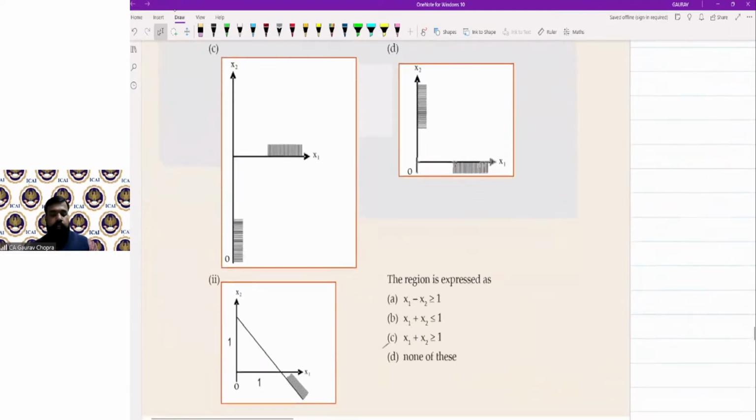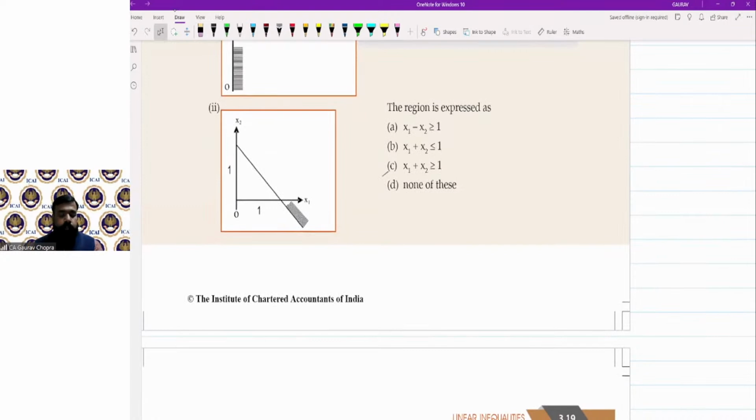Next is second one. Line is given and the shaded area is outside. The shaded region is outside. Now, which will be the correct option? Option number A, B, or C? Now, you might be confused with option number A and C because A is inside and A is greater than and C is also greater than.